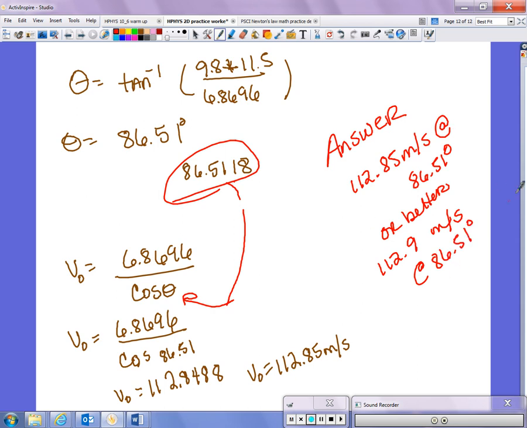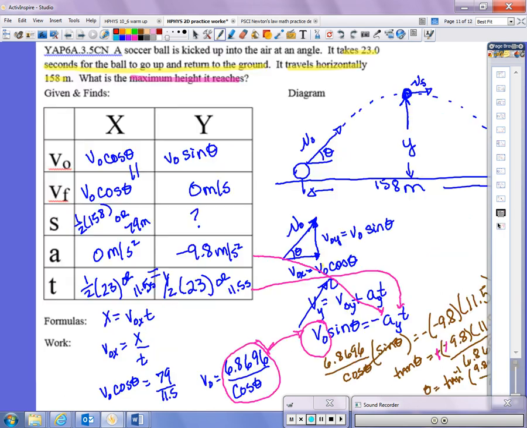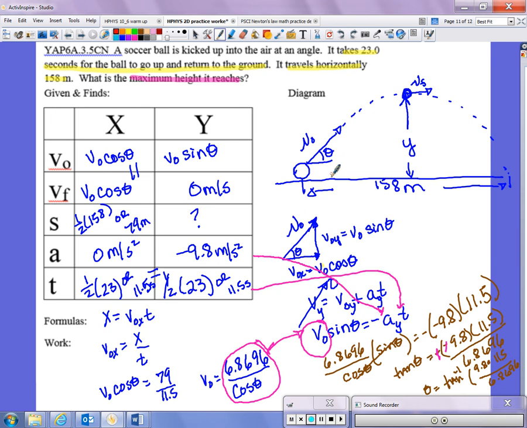And it is a first quadrant angle. Let's just double check. Indeed, we're here at the first quadrant.